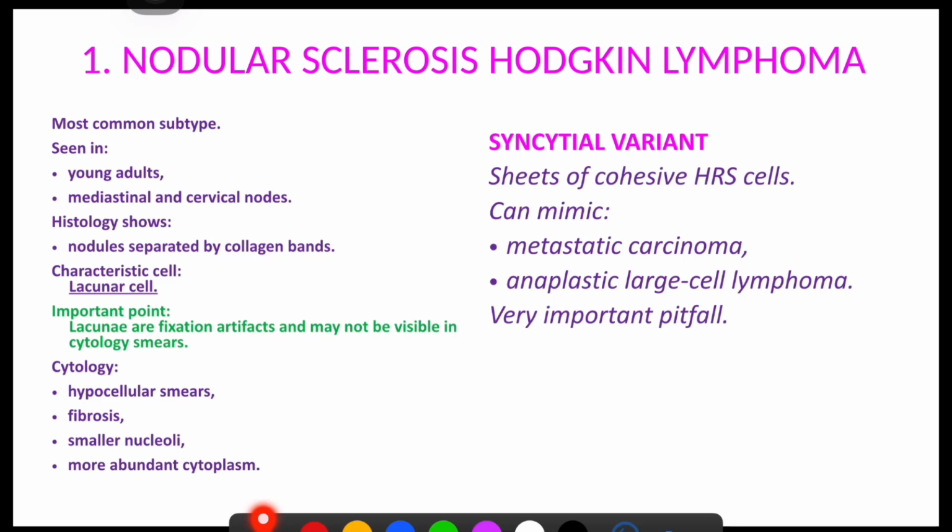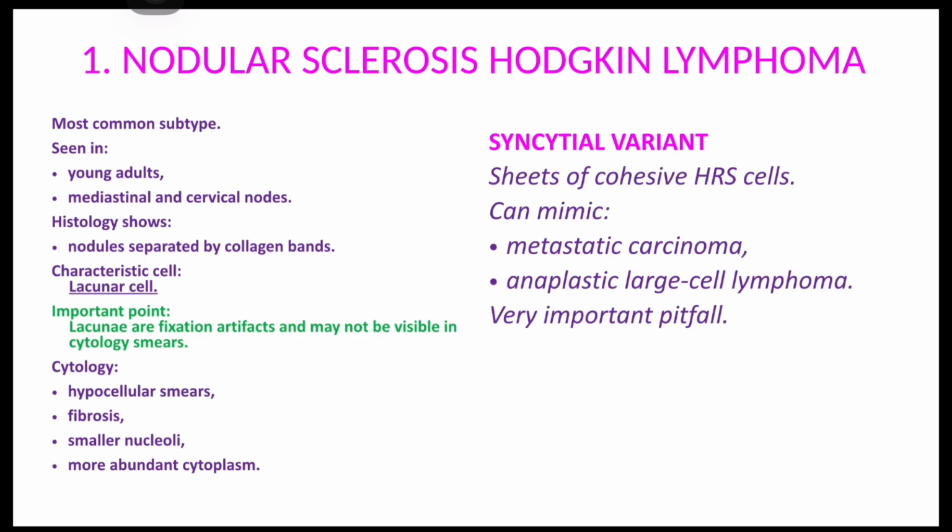It is having characteristic lacunar cell type. These lacunae are due to fixation artifact and it is visible in histopathology section. So, it is difficult to identify in cytology smears. Here the smears are hypocellular in appearance. There is fibrosis, smaller nucleoli and more abundant cytoplasm.